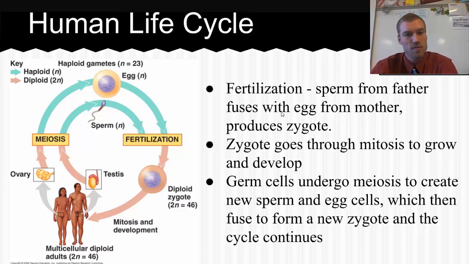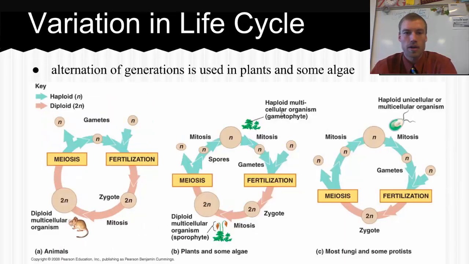So we spend the vast majority of our lives as diploid organisms, but not all organisms use the exact same trend. In fact, there are some organisms that spend most of their life as haploid organisms. Most animals have very small, short haploid generations, and then they go into a diploid state.